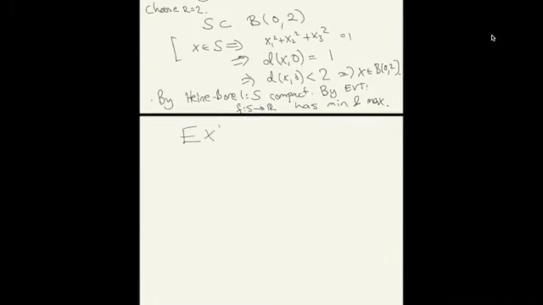Another brief example of something where things fail, with no maximum, is if we maximize x1 squared on the set, and I phrase this really in optimization language now, x is contained in the set S, where S is equal to, say, x1 plus x2 plus x3 less than or equal to 1.